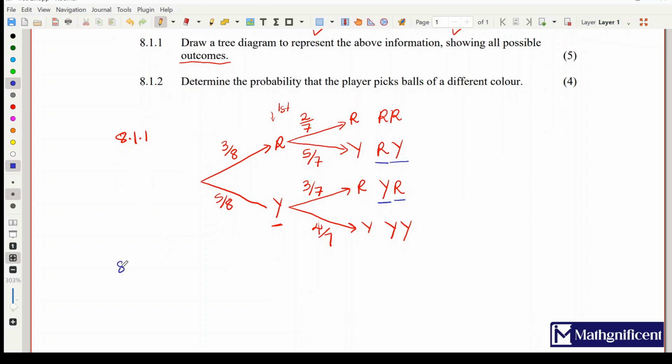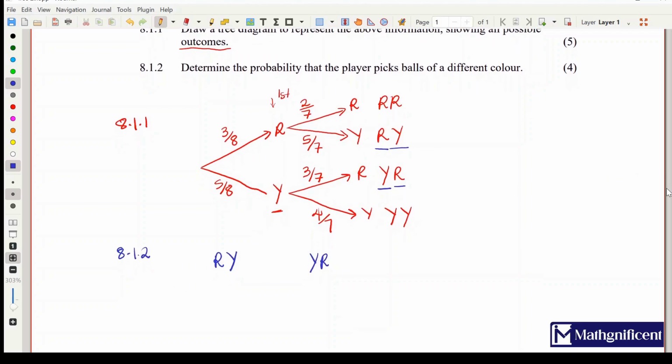For 8.1.2, remember, we can have a red ball and a yellow ball after, or a yellow ball then a red ball after. So these are the situations we have. This is the probability of picking 2 balls of a different color.